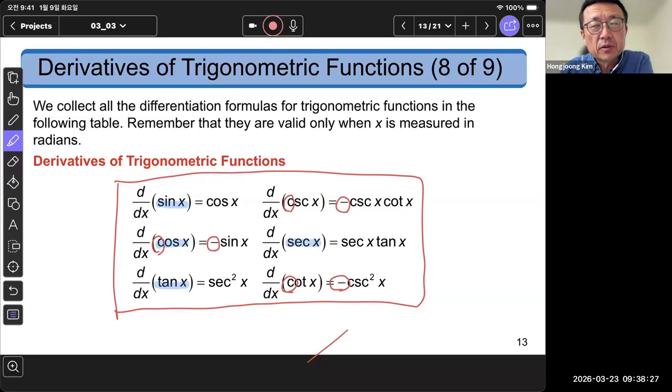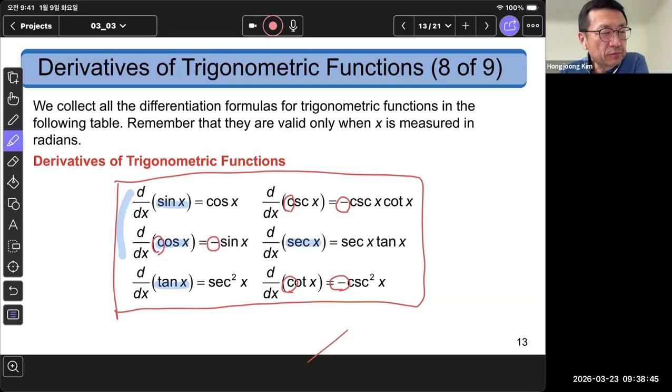So you need to memorize these 4 formulas at least. Or at least you need to memorize these 2, and then you need to derive the other 4 using the quotient rule. That is fine.